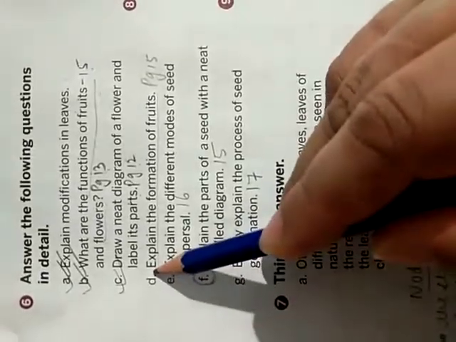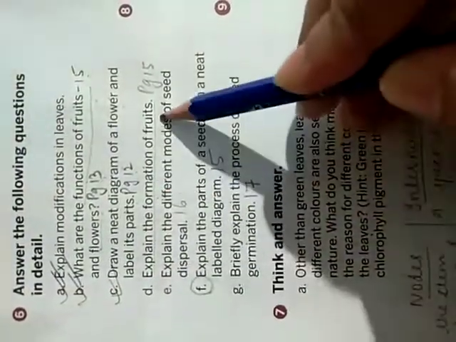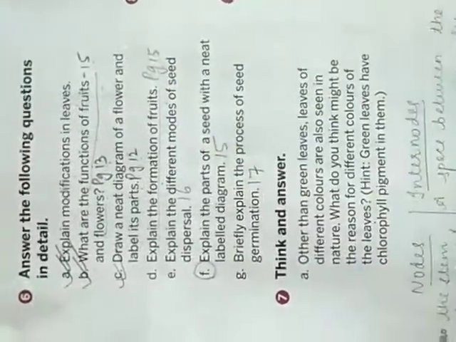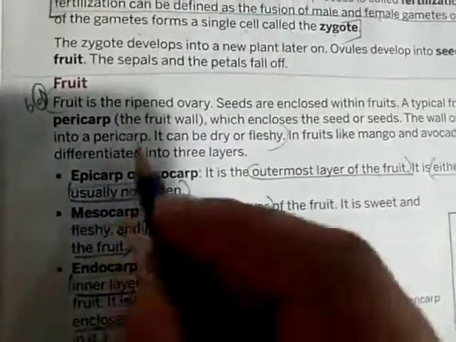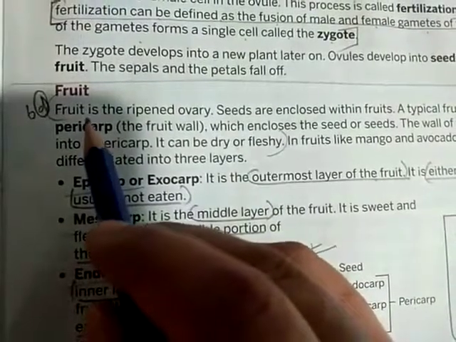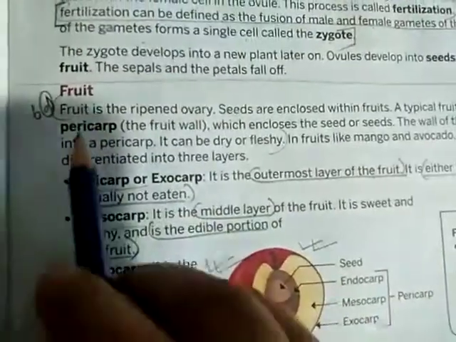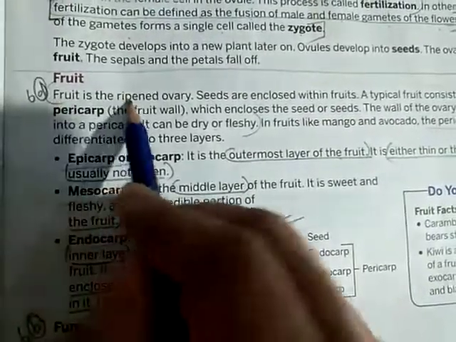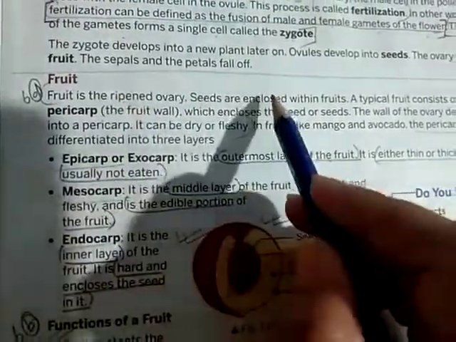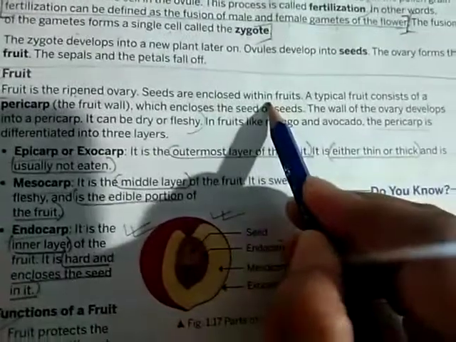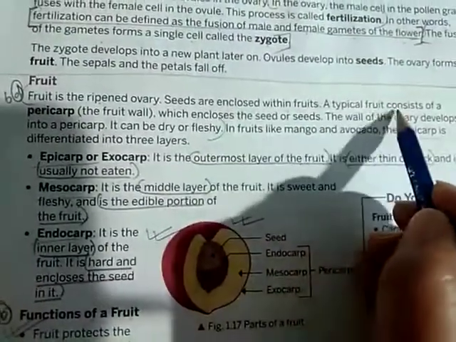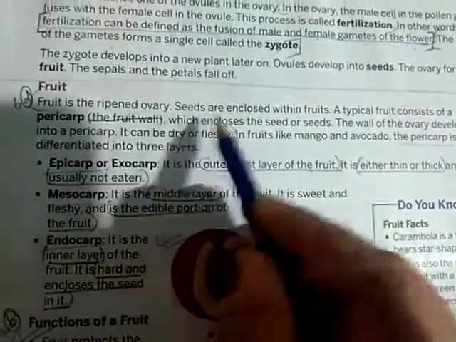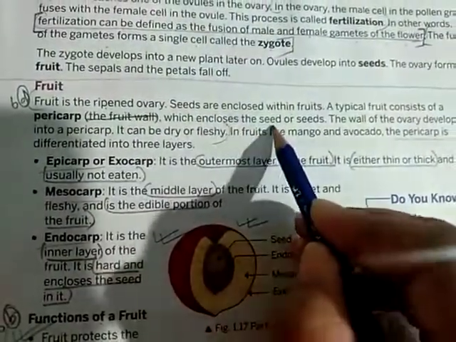Continuing with question number 6d, explain the formation of fruits. Page number 15. You can mark as I read from here, fruit paragraph. Fruit is the ripened ovary. Seeds are enclosed within fruit. A typical fruit consists of a pericarp which encloses the seeds or seed.